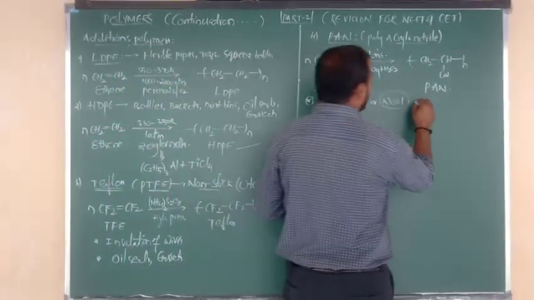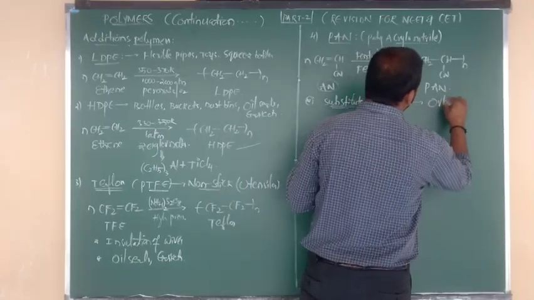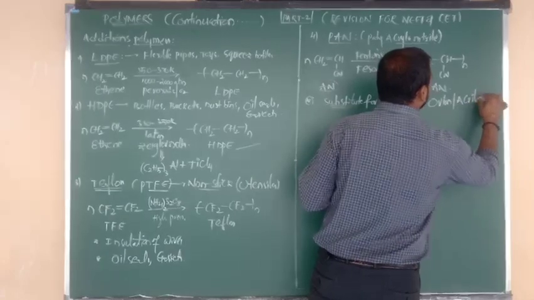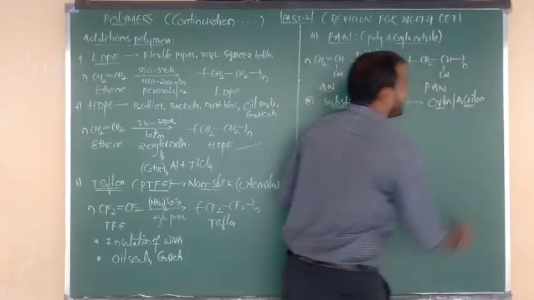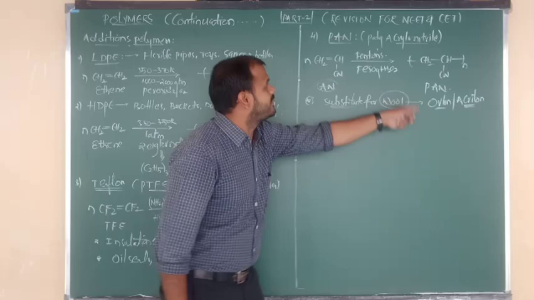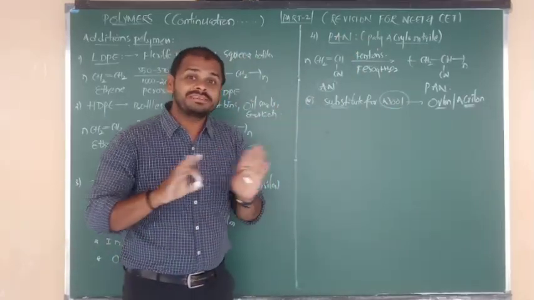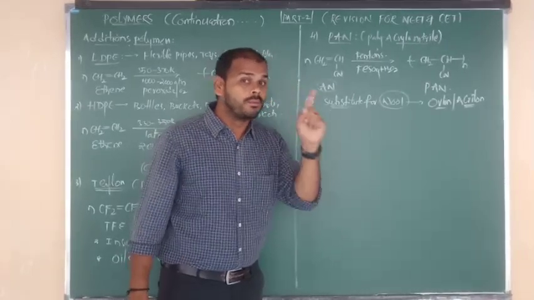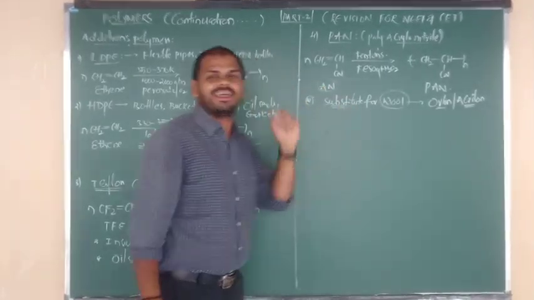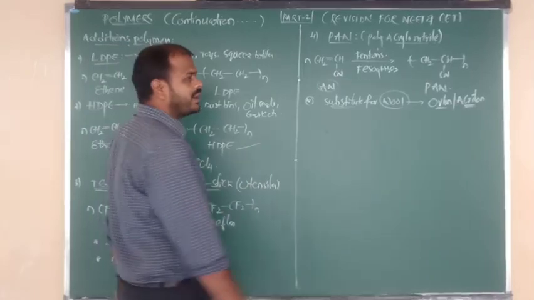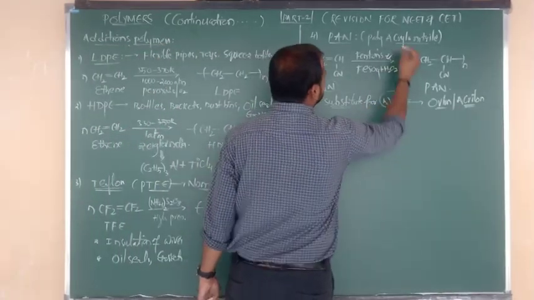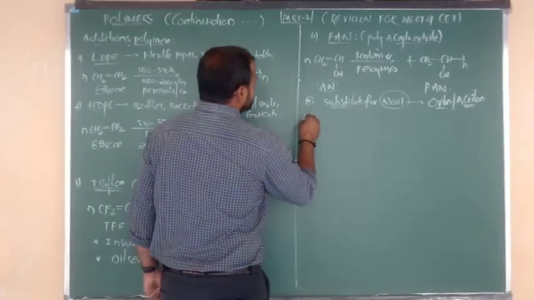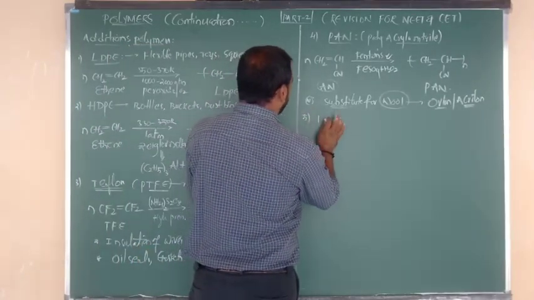The commercial fiber name is Orlon, and one more name is Acrilan. So Orlon and Acrilan are other names of PAN. The monomer is AN, acrylonitrile, and it is prepared by using the reagent, which is nothing but what, beta? Fenton's reagent. Okay, good.